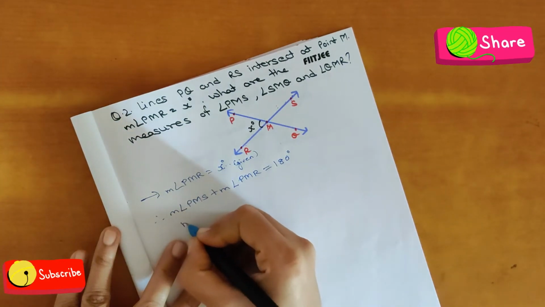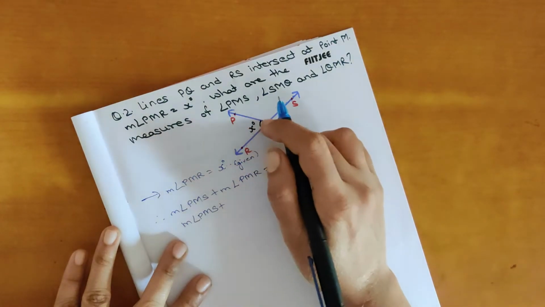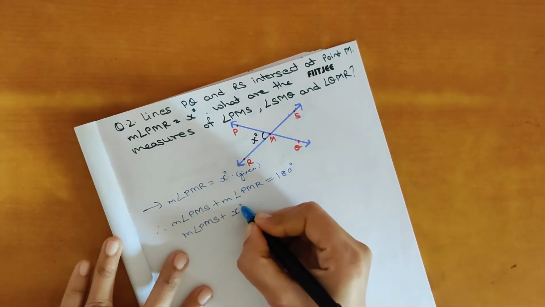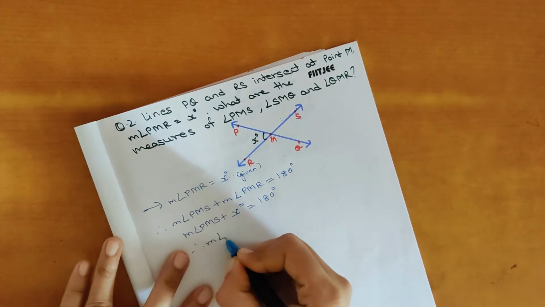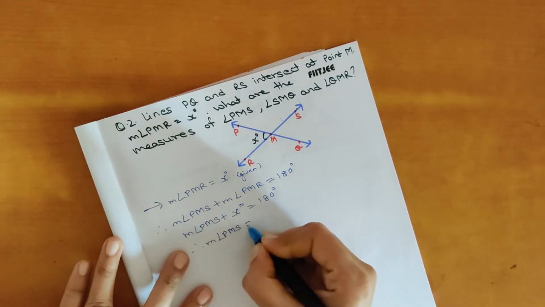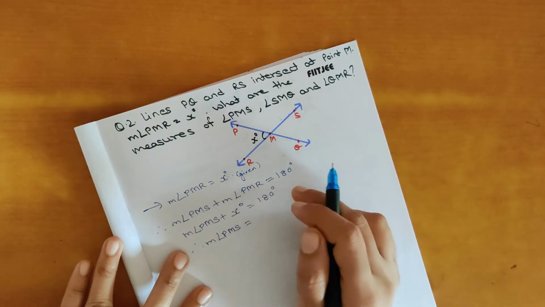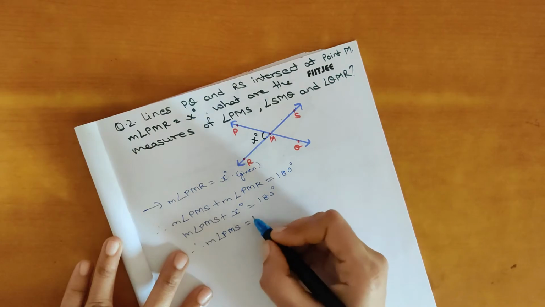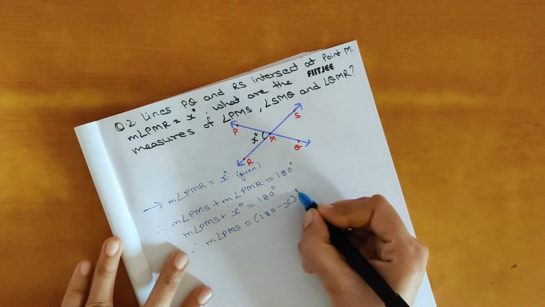Now PMS we don't know, so we will write PMS as it is. Measure of angle PMR, we know that it is x degrees, is equal to 180 degrees. So therefore measure of angle PMS is equal to, this is plus x, so this side it will go minus, means plus will become minus. So the answer is 180 minus x degrees.